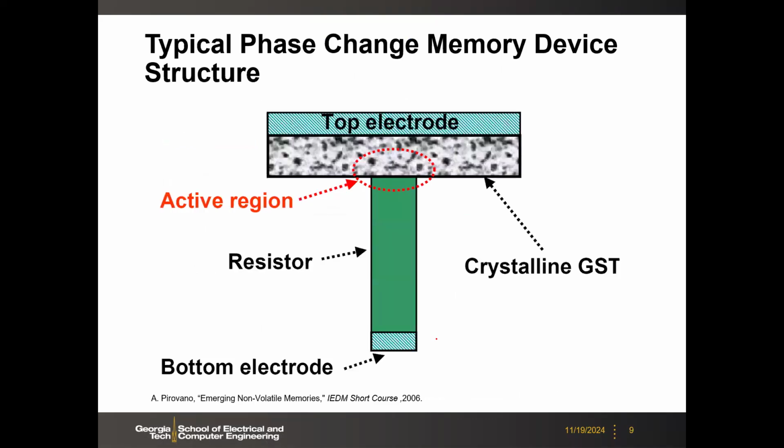Okay, so let's look at how the device is fabricated or integrated in the semiconductor process. Here, this is a typical phase change memory cell called a mushroom cell, because it looks like a mushroom. This is your GST material.